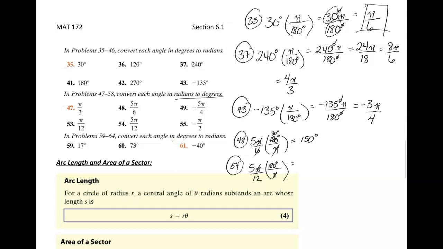Let's see if we can reduce anything else. 6 goes into 12 2 times. 6 goes into 180 30 times. So we have 5 times 30 is 150 over 2, which reduces to 75. You want to reduce as far as you can.